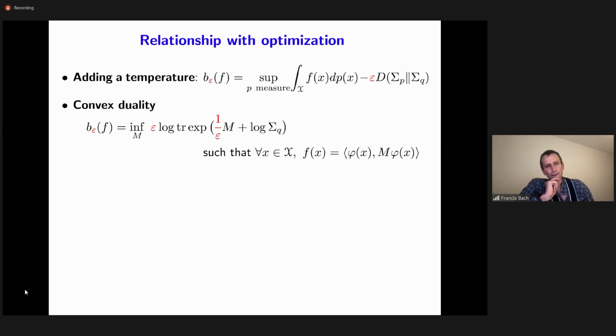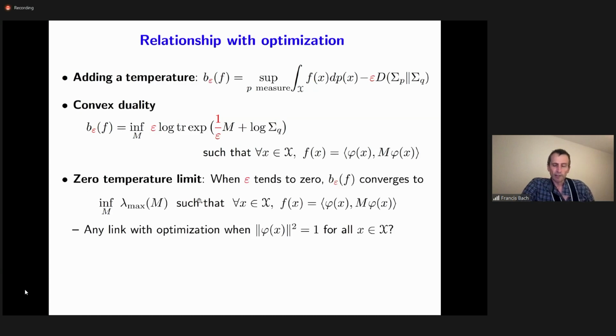When you let the parameter epsilon go to 0, you end up with an explicit limit, which is the infimum of the largest eigenvalue of M, whenever you can represent f as a quadratic form. This seems hard to interpret, but in fact there's a strong interpretation for that problem.